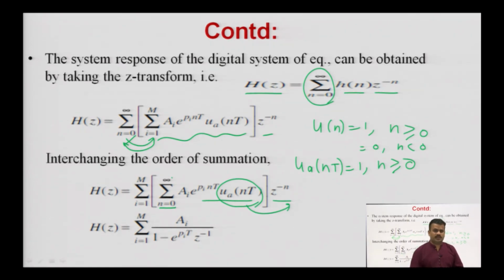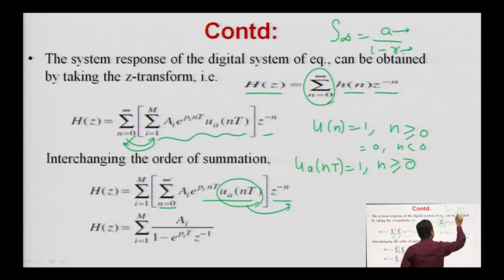If any GP goes from 0 to infinity, then its summation formula is what? S infinity is equal to a upon 1 minus r. Here a is the first term, r is the common ratio.